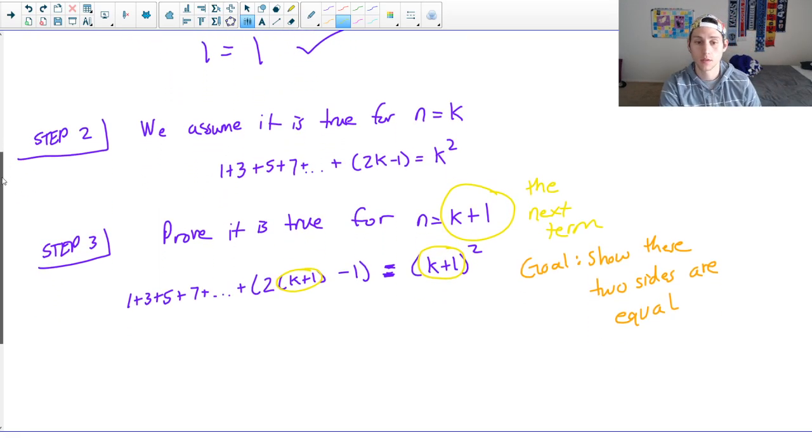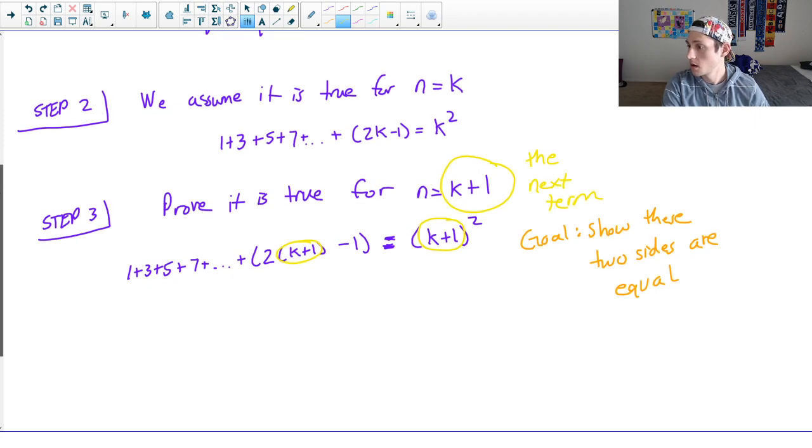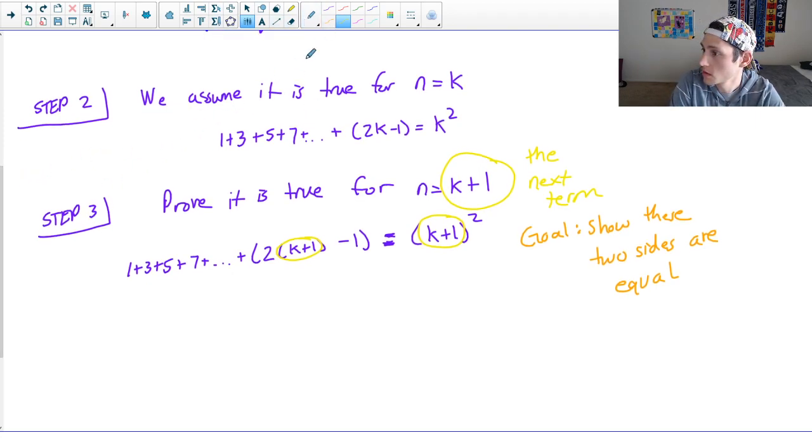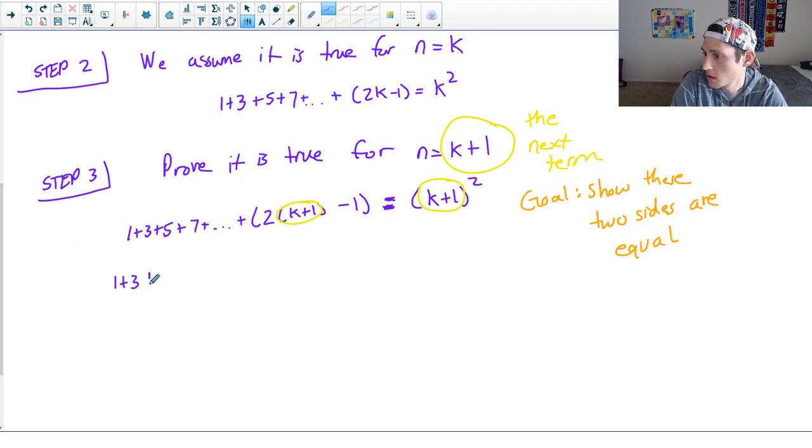Okay. So let me actually do some thinking here. So plus 5 plus 7 plus, what's the term that will come before this one? Before the k plus 1 term is just the k term, right? So that would just be 2k minus 1. And then this stuff would be the next term after that, right? 2k plus 1 minus 1.